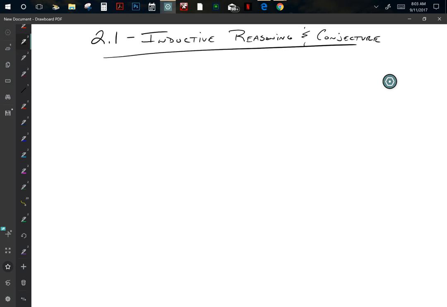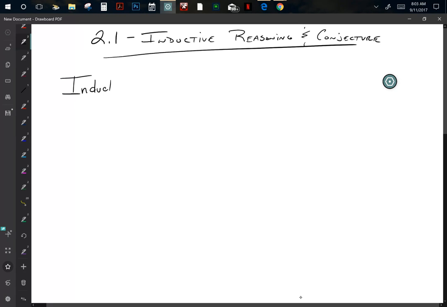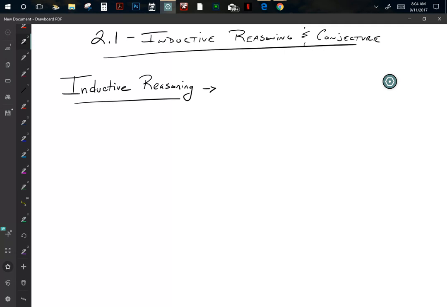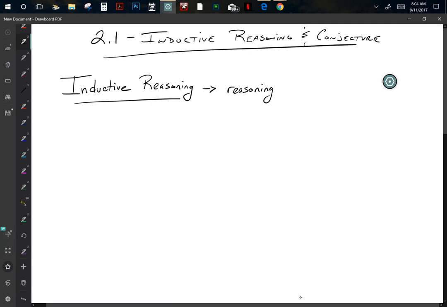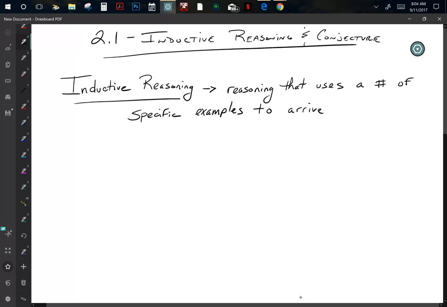Inductive reasoning and conjecture. Inductive reasoning is reasoning that uses a number of specific examples to arrive at a conclusion.